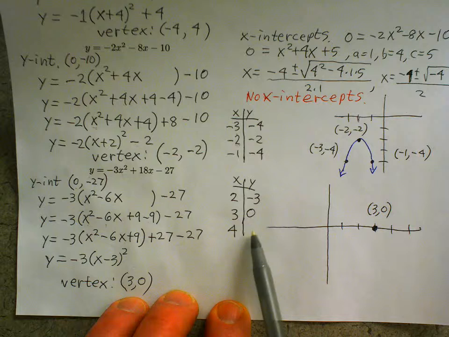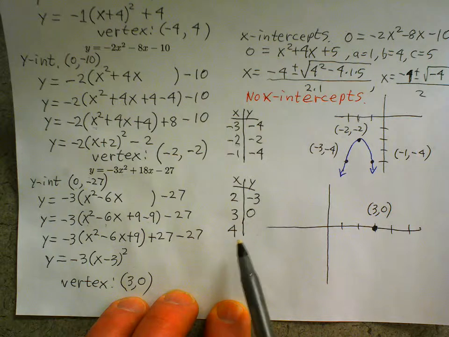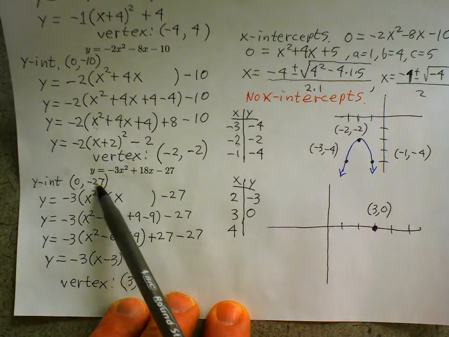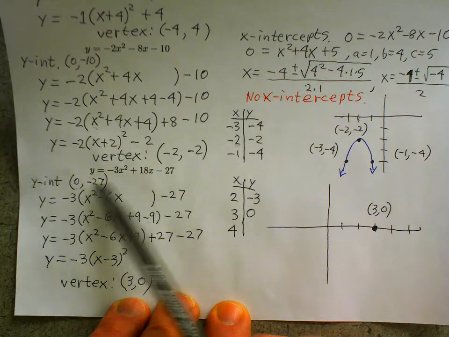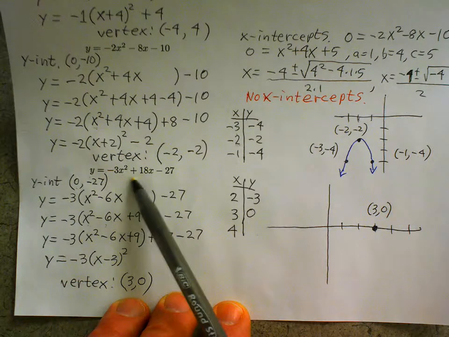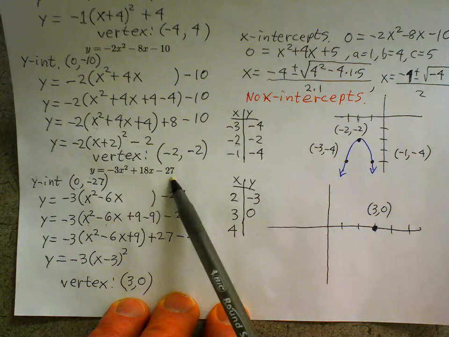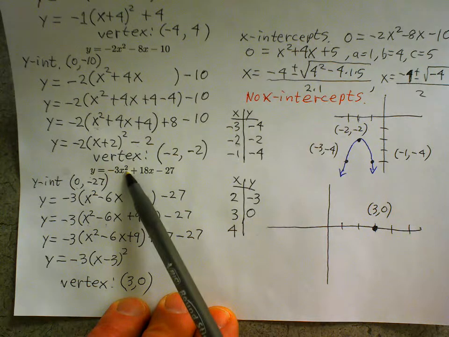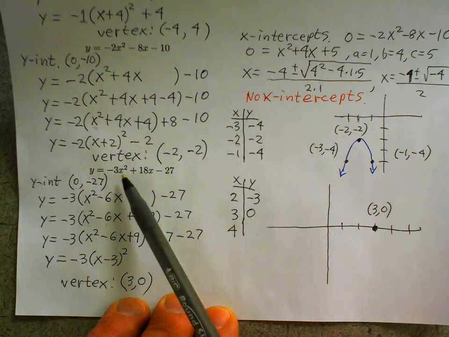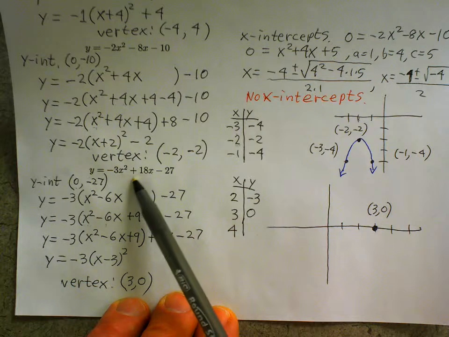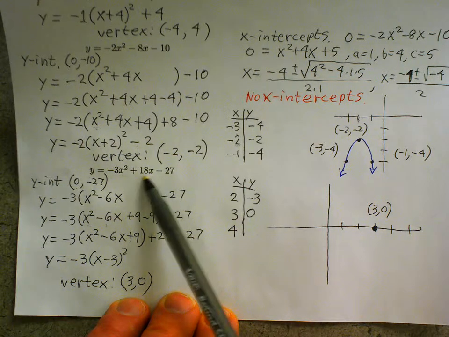But let's go ahead and find the y-coordinate that goes with x equals 4 by replacing x with 4. So when x is 4, y is equal to negative 3 times 4 squared plus 18 times 4 minus 27. 4 squared is 16. Negative 3 times 16 is negative 48. Plus 18 times 4 is plus 72.